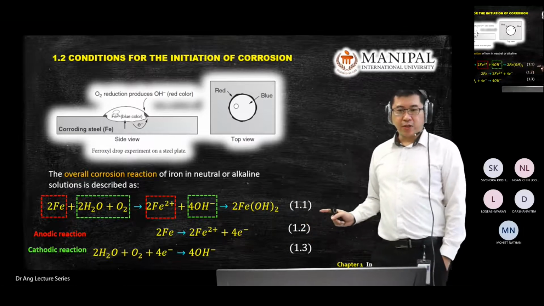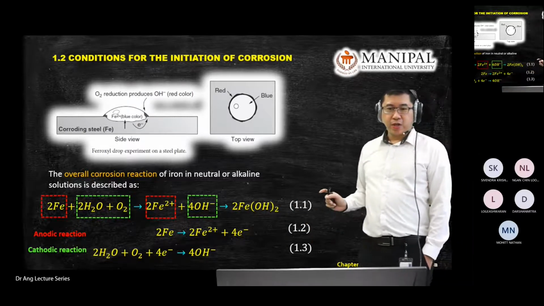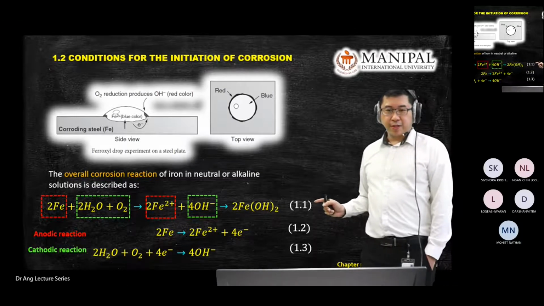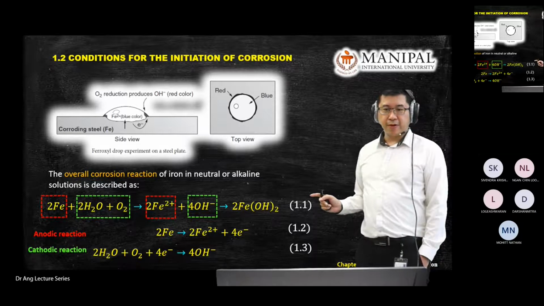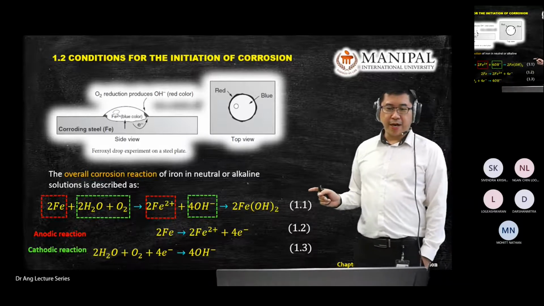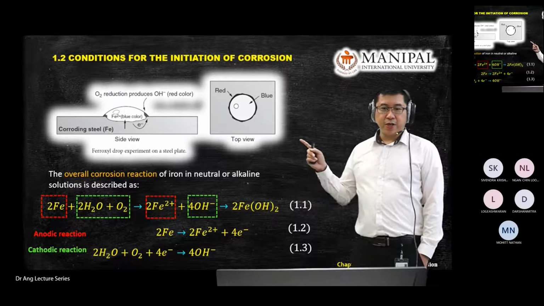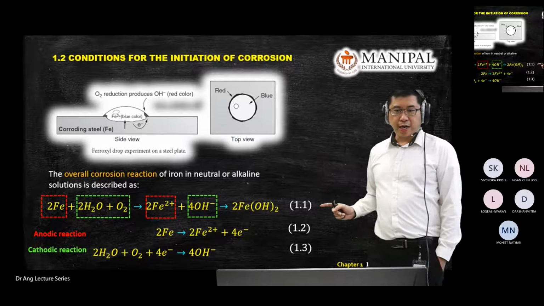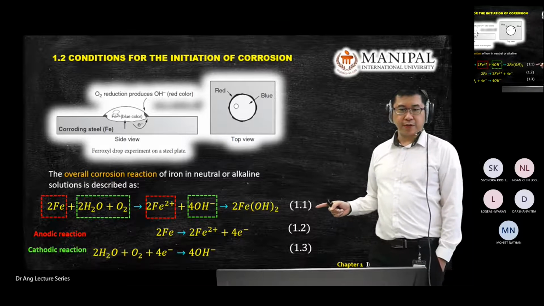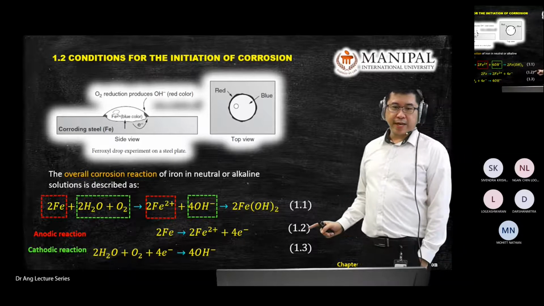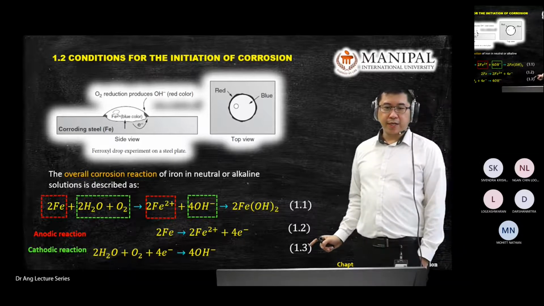What I want you to learn this morning is to ask yourself, are you able to derive the chemical reaction if you're given the metal and the trigger element environment? For example, in this case, you're given water and oxygen. Are you able to derive the first equation? Second, do you understand what is anodic reaction? Do you understand what is cathodic reaction?